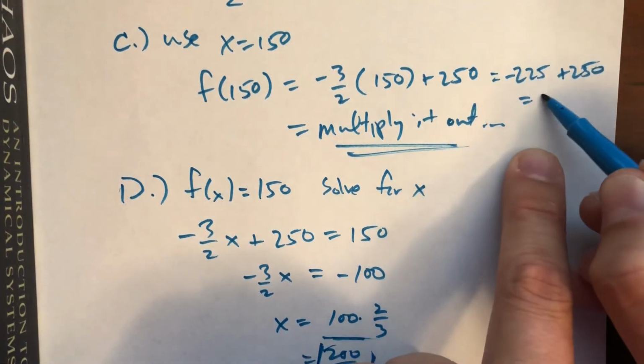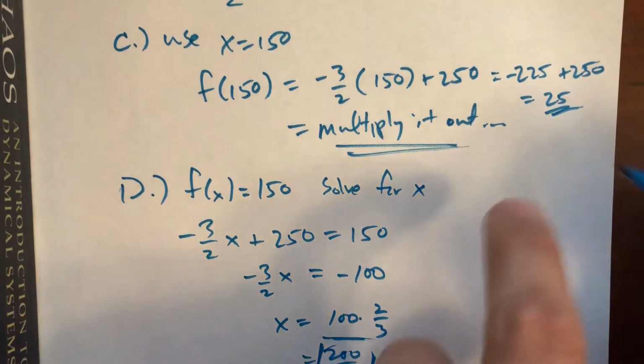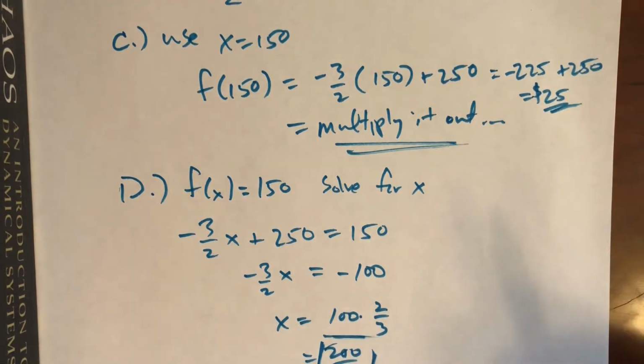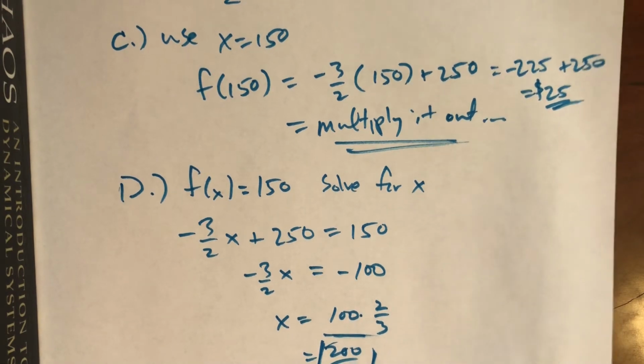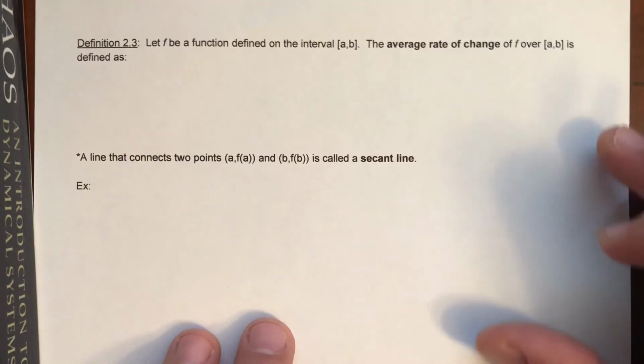So 25 bucks. So if they wanted to sell 150 systems, they'd have to price them at 25 bucks, which is pretty low, right? All right, so we are done with that problem, parts A through D. How wonderful. And let's talk about what's on the back of this sheet as well.